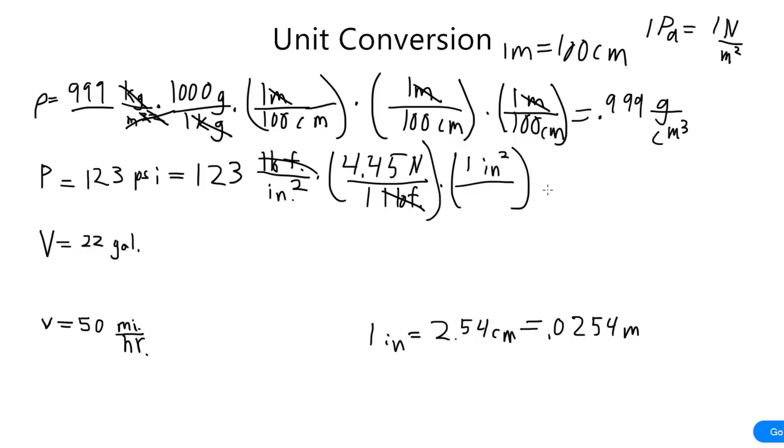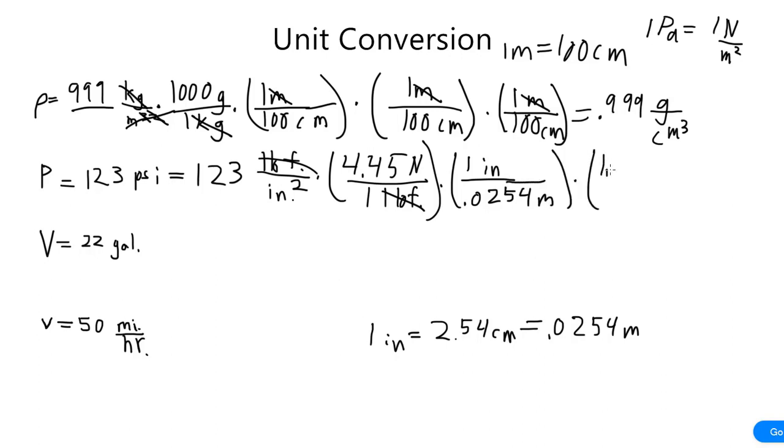It's better to write down more stuff than to blatantly get things wrong. This method right here is just foolproof in my opinion. I shouldn't say it's 100% foolproof because people still get things wrong. So really then this is going to be 0.0254 meters, or actually let me get rid of this square right here, so that way we can see all of it written out like this. So that's meters.